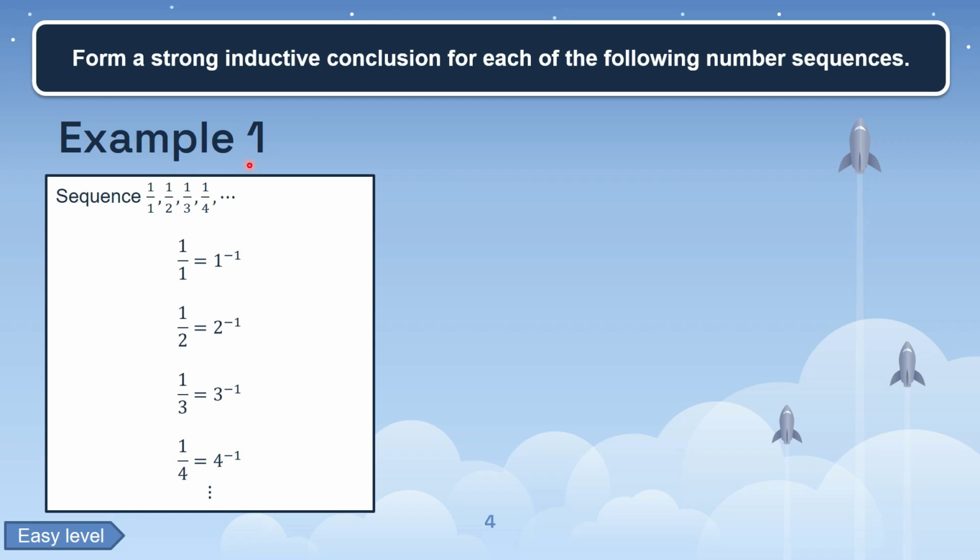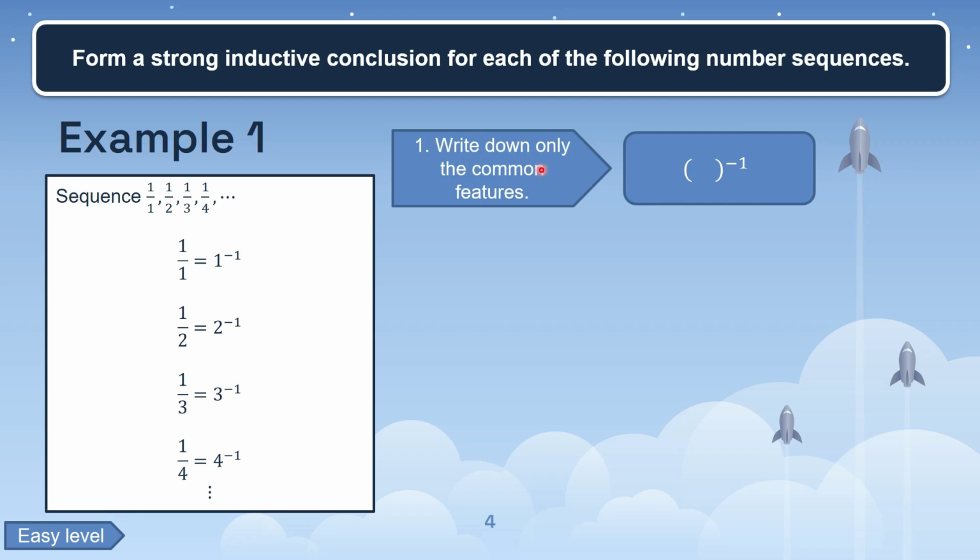To form a strong inductive conclusion, we just need to look at the right hand side, not the left hand side: 1 power of negative 1, 2 power of negative 1, 3 power of negative 1, 4 power of negative 1. The first step is to write down only the common feature. Remember, we look at the right hand side only.